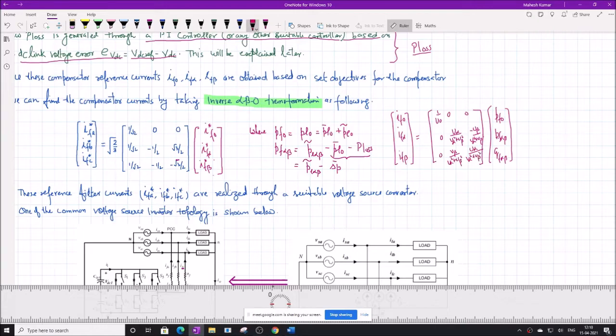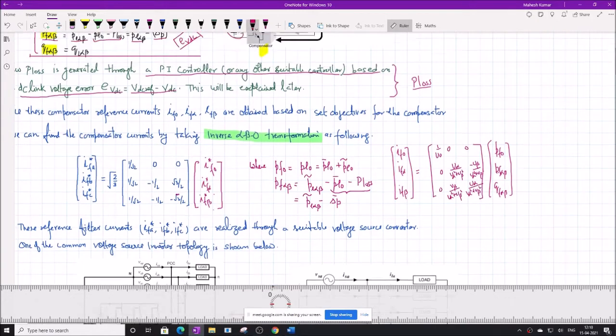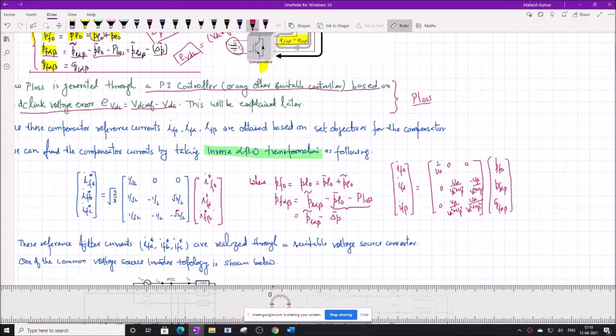So these powers of the compensators, which we set here, are brought and substituted here, and once we know this and the voltages, we find out IF0, IF alpha and IF beta.